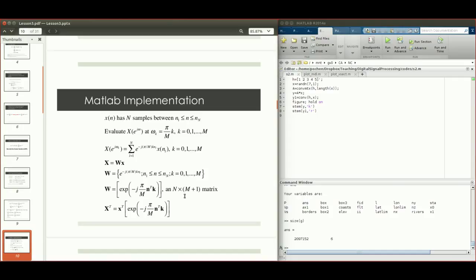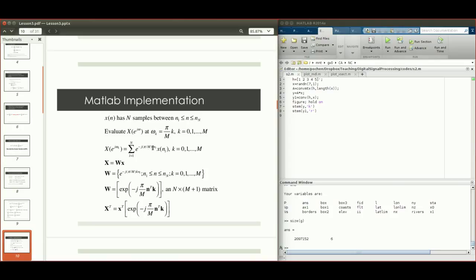If you examine this particular complex exponential, it has two indices. One is k, the other one is n_L. Pi over big M is a constant. J is a constant.